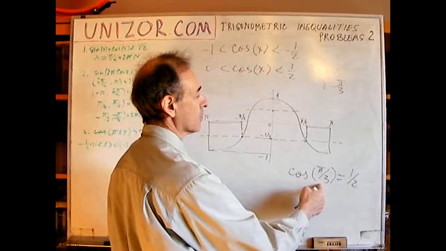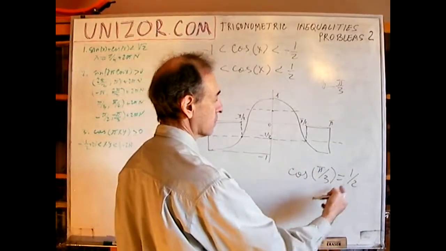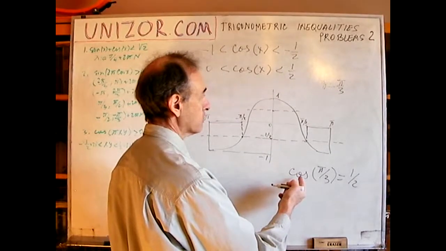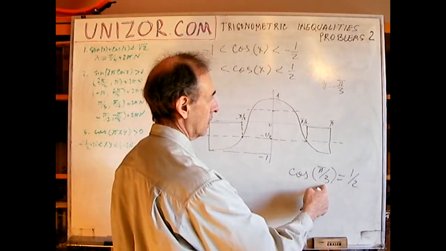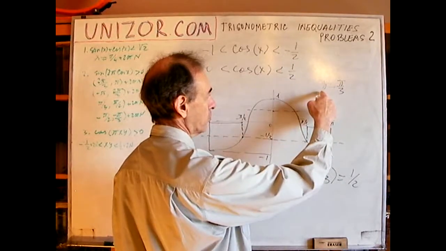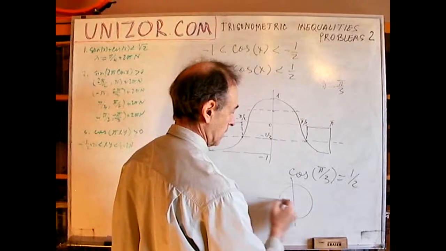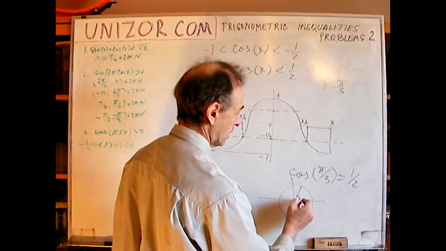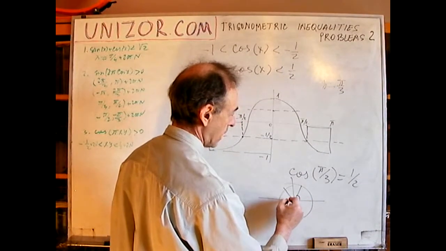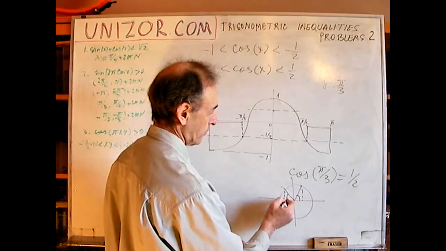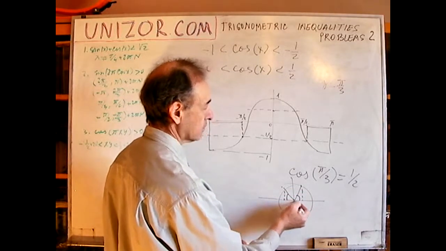Cosine of 60 degrees and sine of 30 degrees are 1/2. Now, when I'm changing from pi over 3 to pi minus pi over 3, obviously, the abscissa would be the same by absolute value but negative.